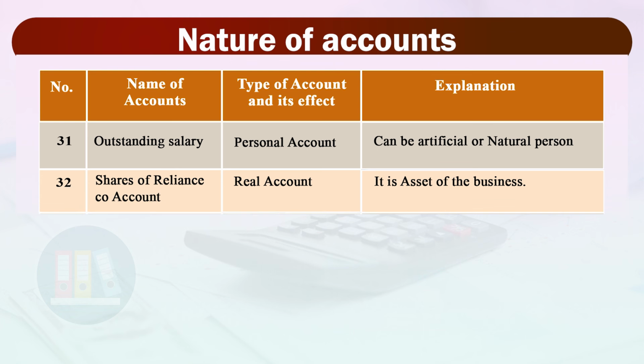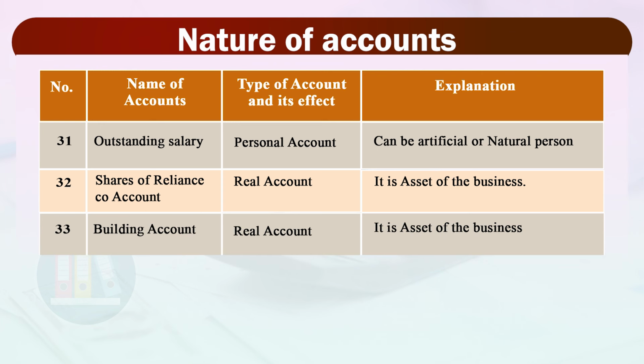Next is shares of Reliance company account. Whenever we are talking about shares of Reliance company, share is an asset of the business. So, it is real account. But if instead of share, it is mentioned as Reliance company account, then it will be treated as a personal account.